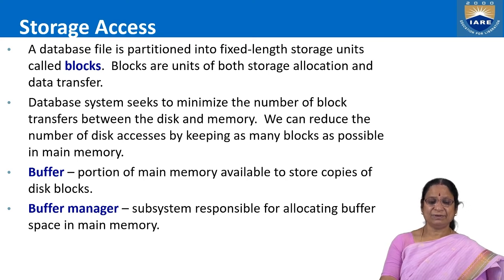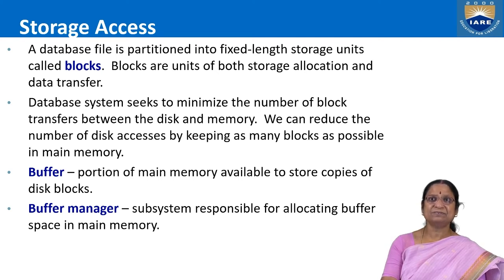A database file is partitioned into fixed-length storage units called blocks. We also discussed in the previous lecture how the secondary storage device, that is the magnetic disk, is managed: blocks, sectors, tracks. Blocks are the units of storage allocation and data transfer.